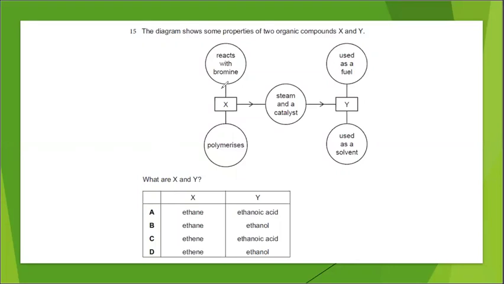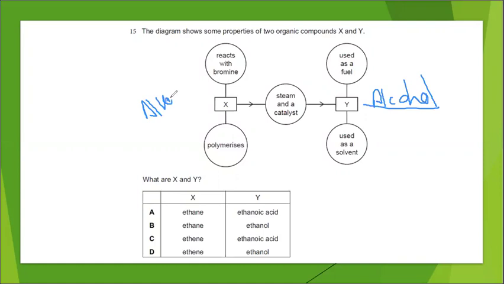And alkenes can undergo addition polymerization. If the alkene reacts with steam, it will produce the alcohol. So Y is most likely an alcohol, and X is most likely an alkene.